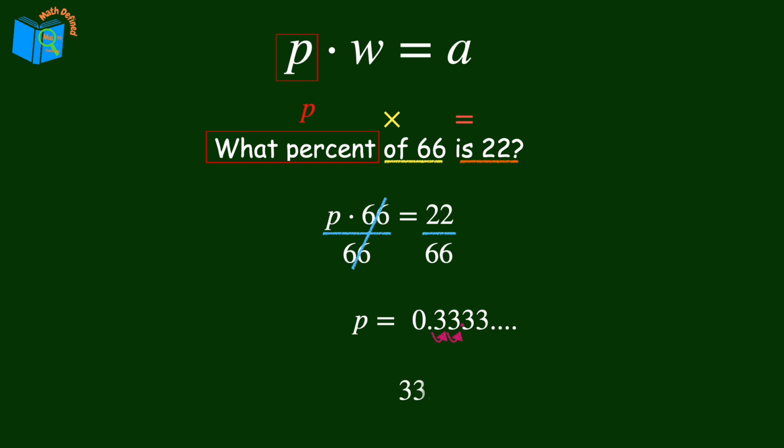Multiply by 100 to convert it to a percent to get 33.3 repeating percent. But we don't usually see percents with repeating decimals, so we'll need to round our final answer to the nearest tenth to get 33.3%. So when you have a repeating decimal, just make sure to round your final answer.